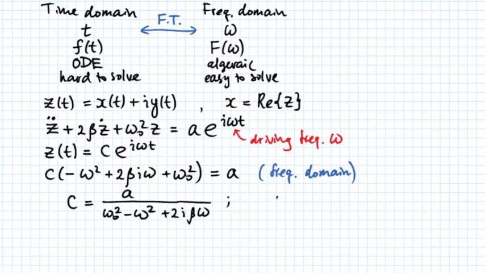Let's write coefficient C in polar form. It's going to be given by amplitude A times e raised to the power of minus i delta, where the minus in front of i is just a matter of convention.